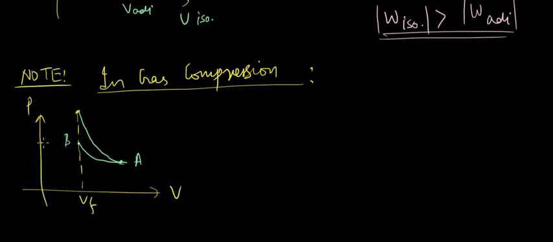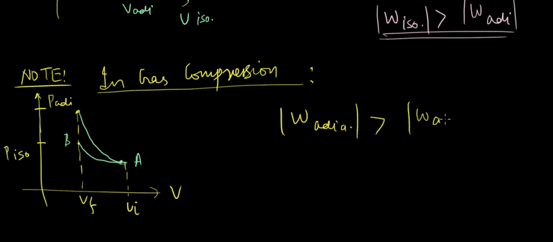This is pressure of isotherm and this is P adiabatic. And this is V final and this is V initial. Okay, so in this case you can see that in gas compression work done in case of isothermal is less than work done in case of adiabatic.